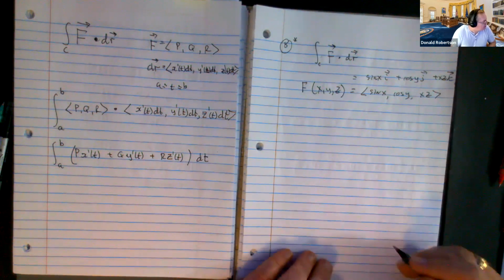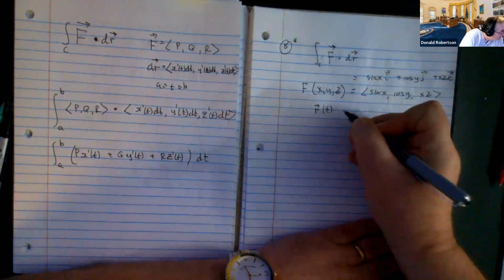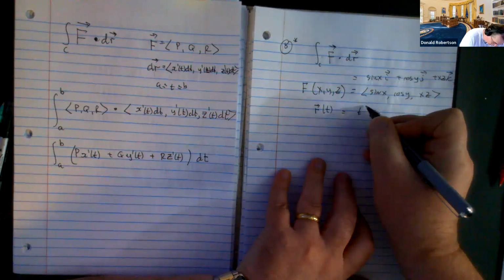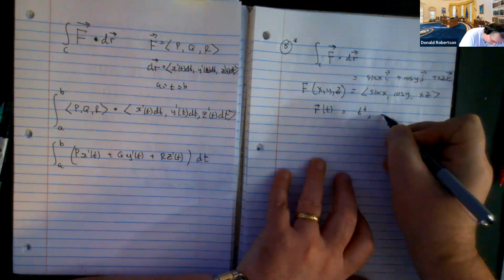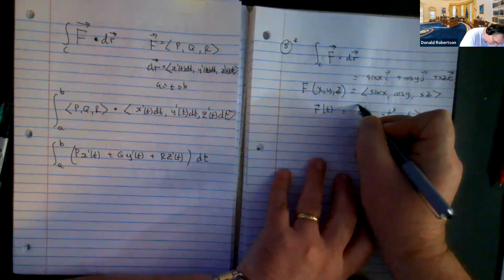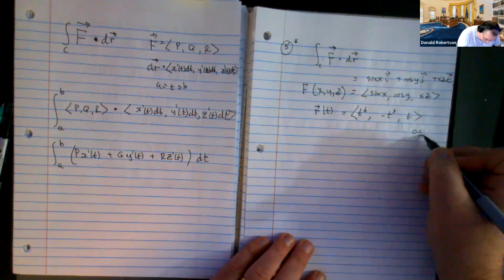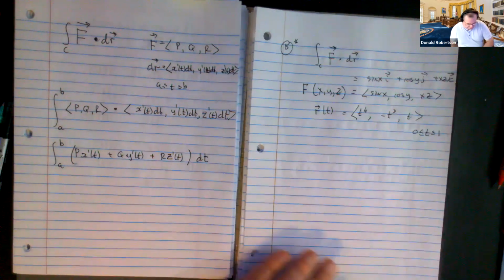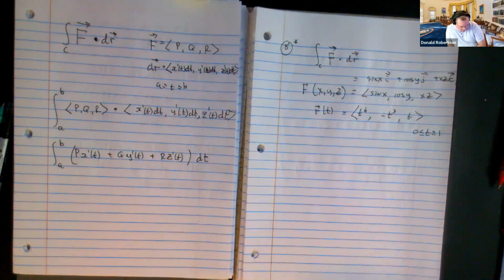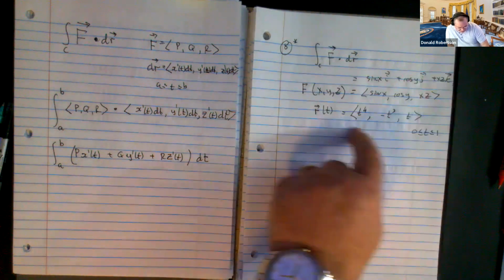And our space curve is going to be t to the 4, minus t cubed, t. And t is going to go from 0 to 1. So we're going to find this guy using all this information here.